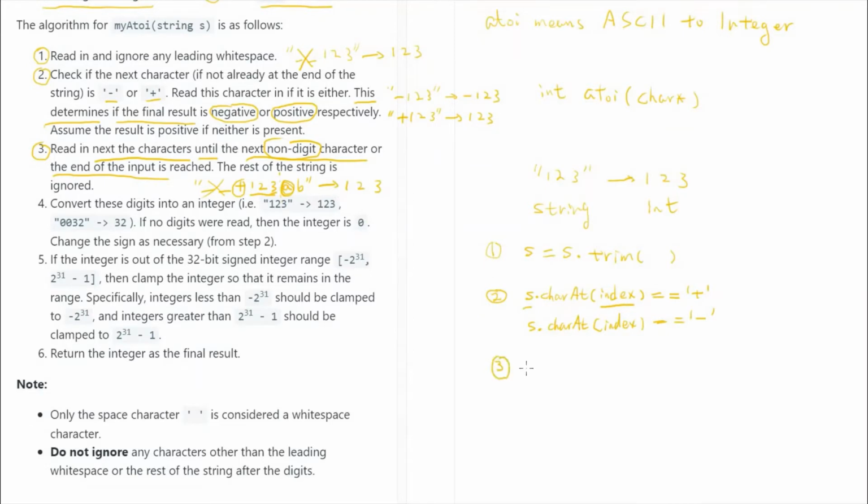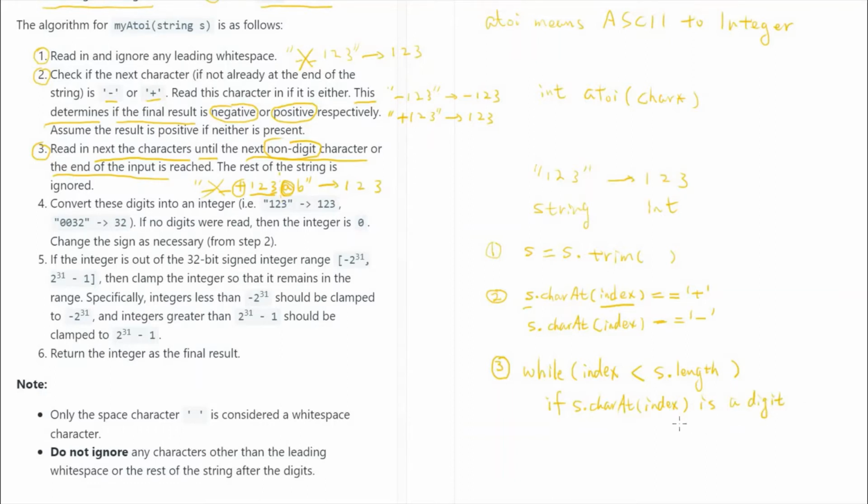For requirement number 3, we need a while loop to read in the digits from the input. Here, we will stop our while loop when the end of the string is reached. In our while loop, we will check if the current character is a digit.